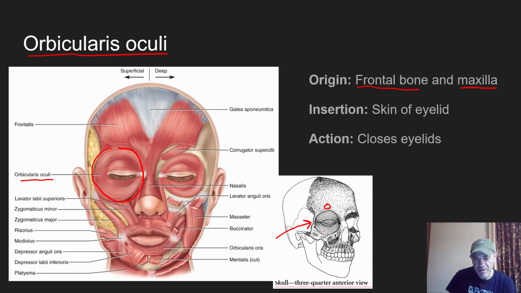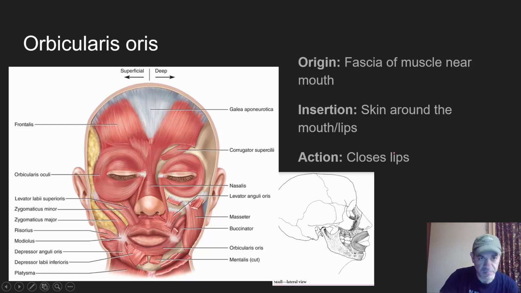So the origin up here, the frontal, and the maxilla here, and the insertion is going to be the skin of the eyelid. So your eyelids are going to be acted upon by this muscle and pulled on in a way that causes the eyes to close. So the action is to close the eyes.